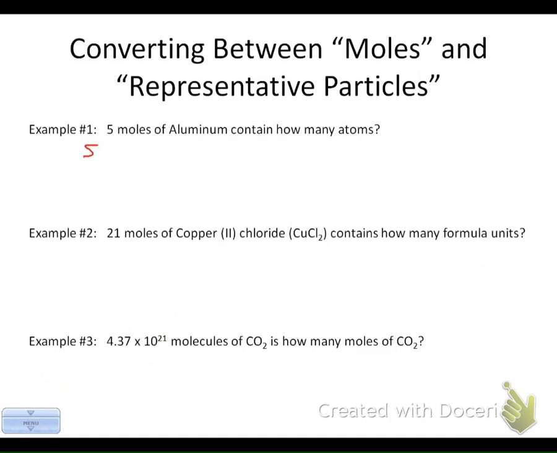In this problem, we have 5 moles of aluminum. We know that Avogadro's number tells us that for 1 mole, or in 1 mole of anything, we will have 6.02 times 10 to the 23rd things, and since aluminum's an element, that's atoms.